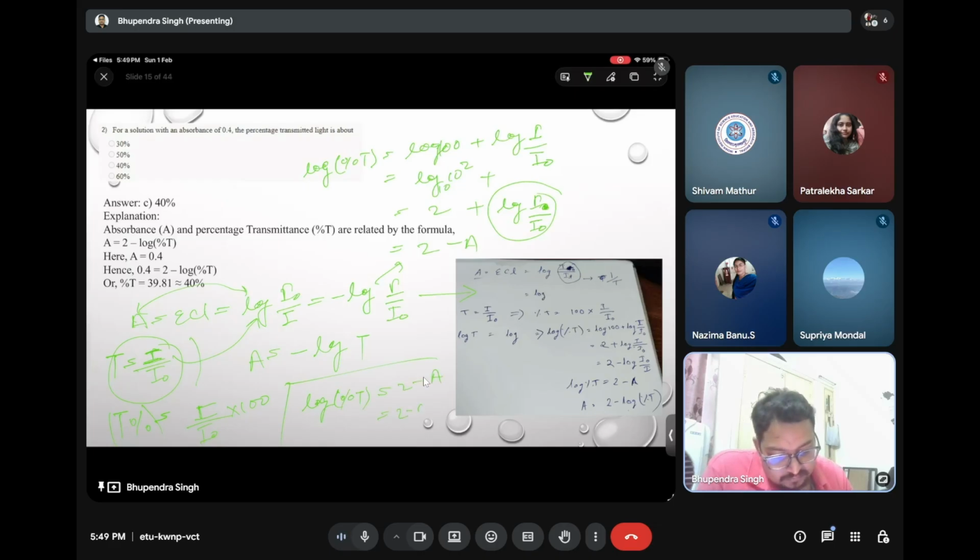And the absorbance you are already given, 0.4. So you can calculate. This is simple. You can do the calculation anyway.